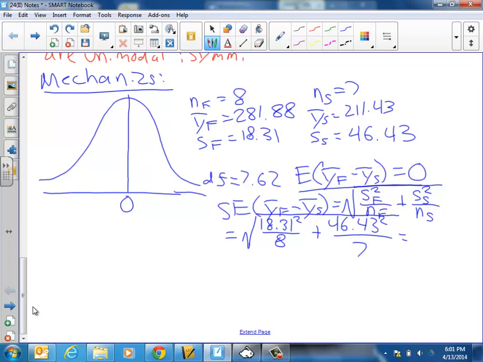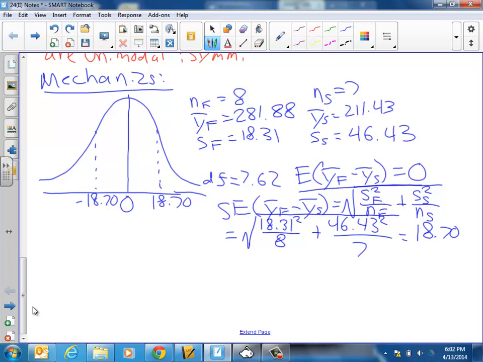All of this comes out to be 18.70. So we'll plot our standard errors on our t-distribution here: 18.70, negative 18.70.